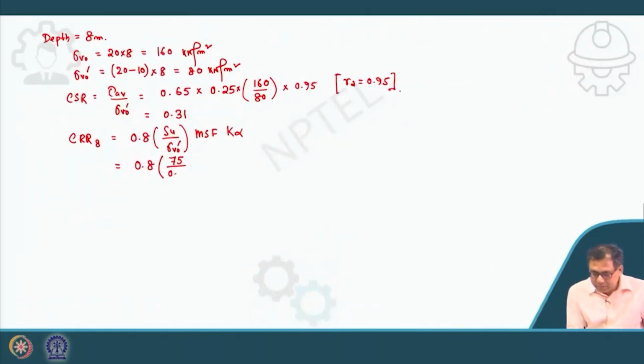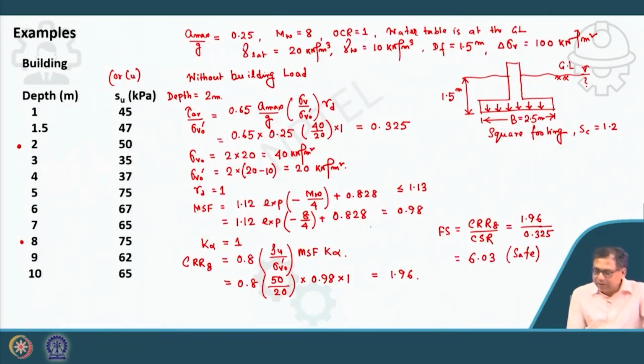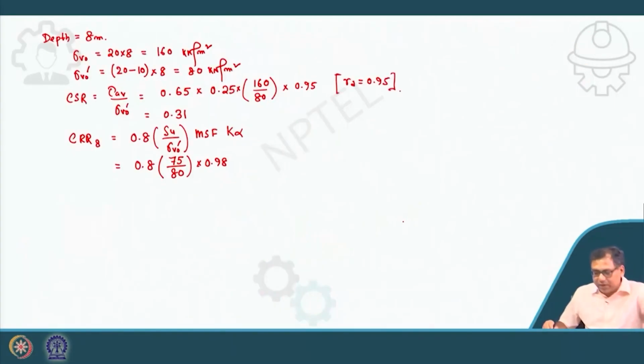So 75 by 80, MSF is 0.98 because that will not change, it is independent of the depth, and K alpha is 1.